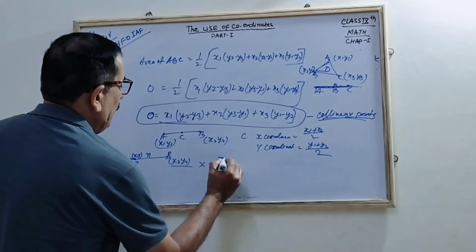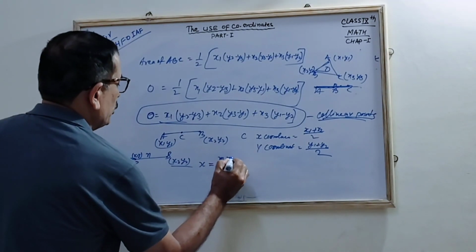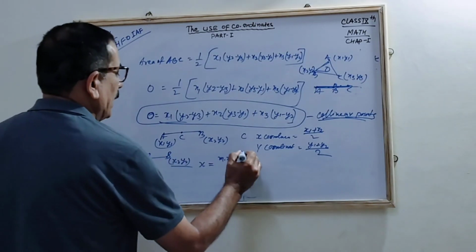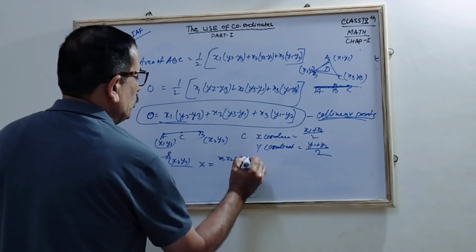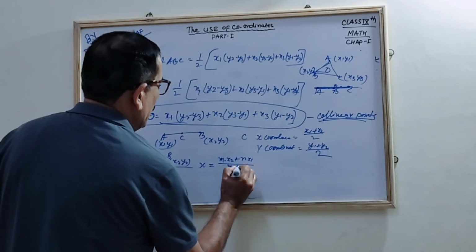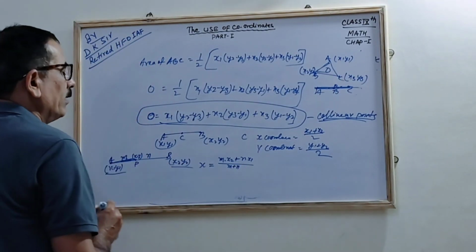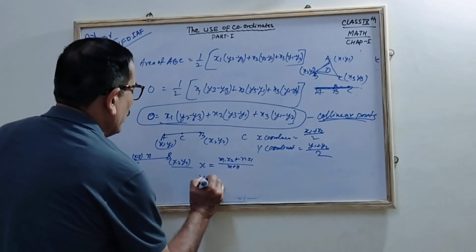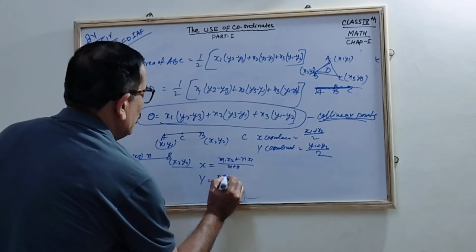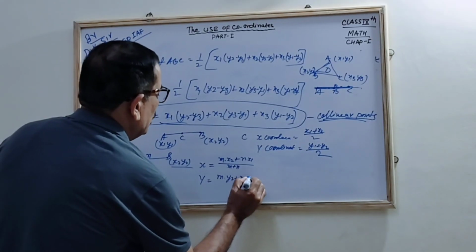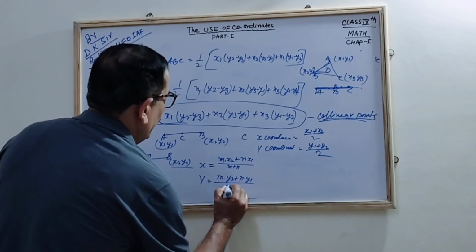So m into x2 plus n you multiply with the other side x1, and divide by the ratio m plus n. You get the value of the x coordinate. The y also you can find the same way, m into y2 plus n into y1, divided by m plus n.